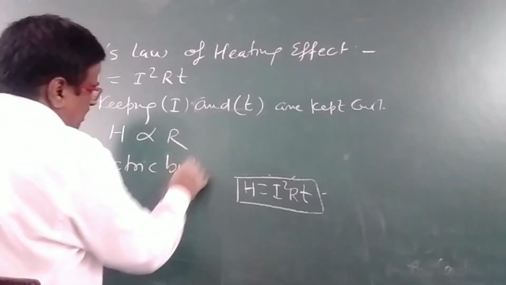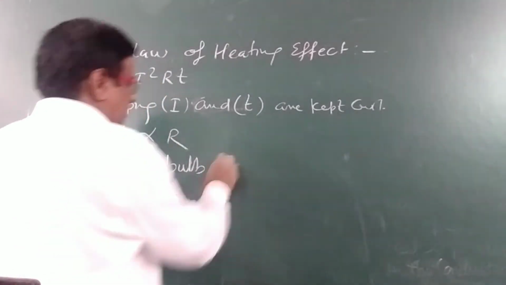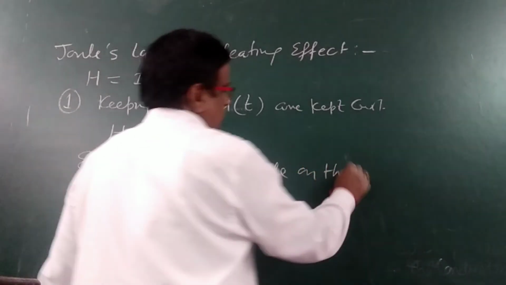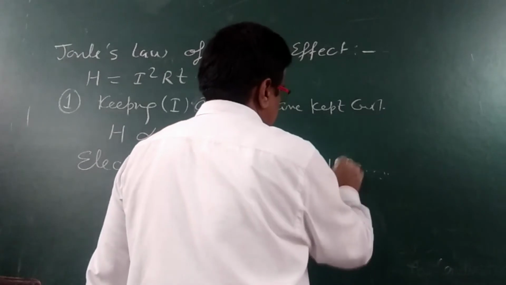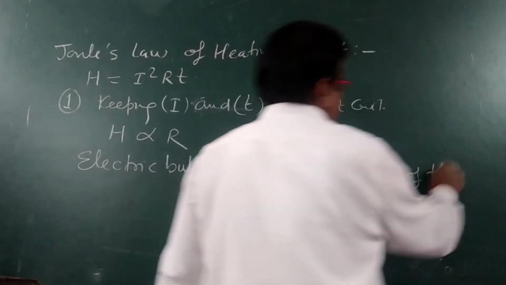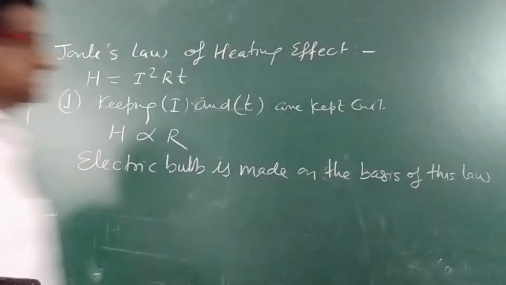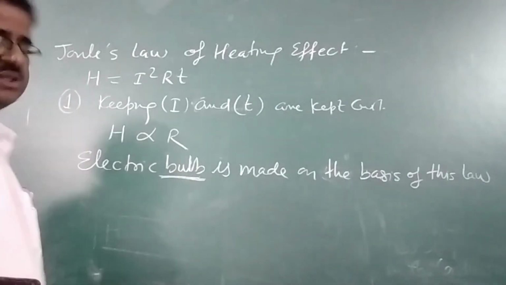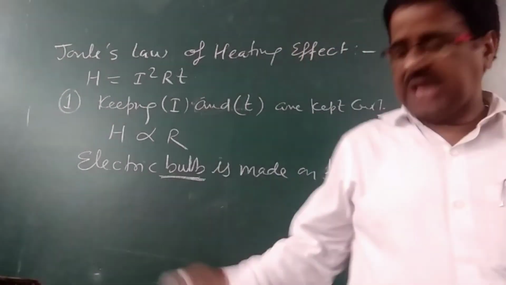The electric bulb is made on the basis of this law. That is why the resistance of the bulb is kept very high.